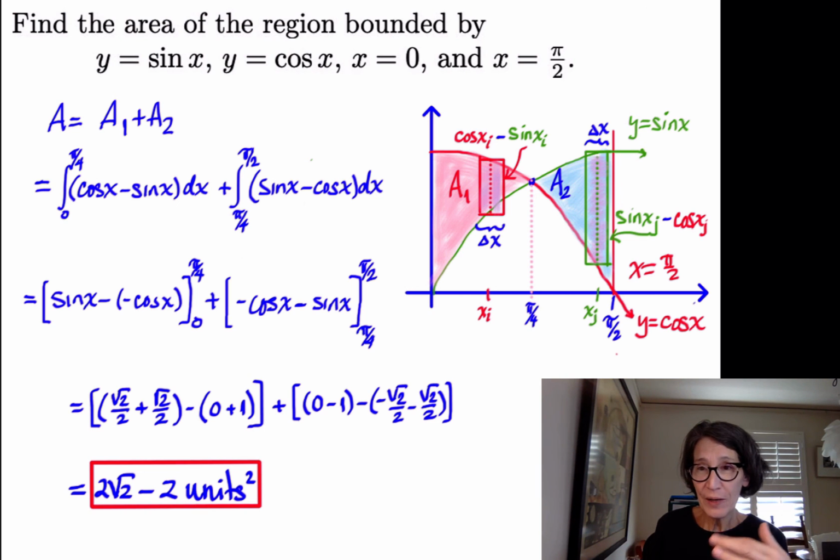If you guess which curve is on top and which one is on bottom, and you guess incorrectly and integrate, you'll get a negative answer, and that's never correct. So if you get a negative answer, then go back, sketch the region, figure out which curve is above which curve. And if you have a point of intersection and they cross, split it up.